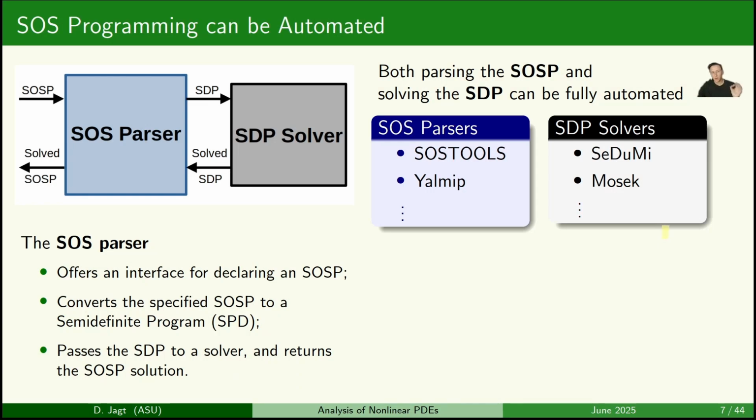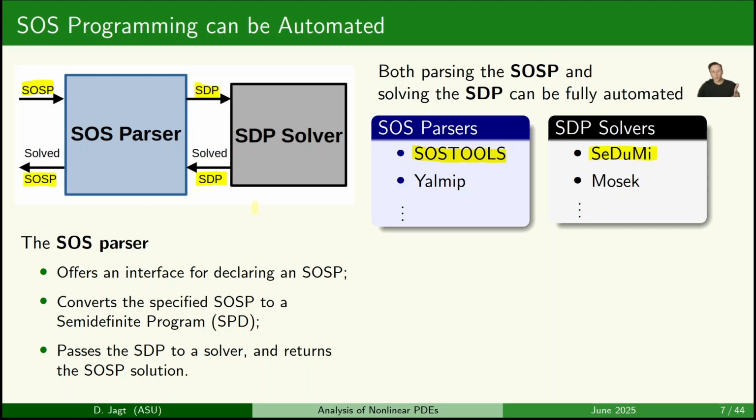Now, this whole process of converting an SOS problem to an SDP and then solving that SDP has been fully automated. In particular, a variety of toolboxes have been developed to aid users in doing so. Namely, we have these SOS parsers such as SOSTOOLS, which allow users to declare an SOS program, convert this SOS program to an SDP for the user, pass this SDP to a solver such as SeDuMi, and then take the solved SDP and convert it back into a solved SOS program.